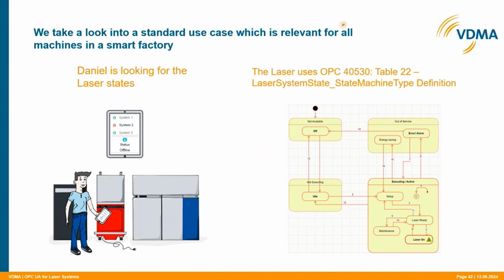And the laser system states, for example, are defined in table 2020 of this companion specification. And so he can display the laser specific states on the laser dashboard. And since the companion specification is structured also in XML, not only in a written text or a human readable text, it can be easily loaded into the programming environment and filled with your real-time data.